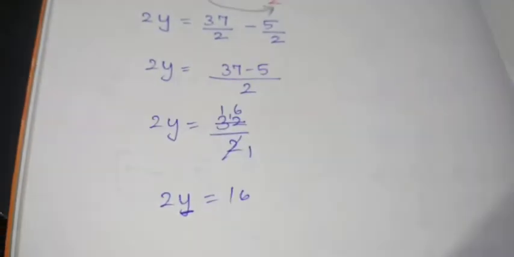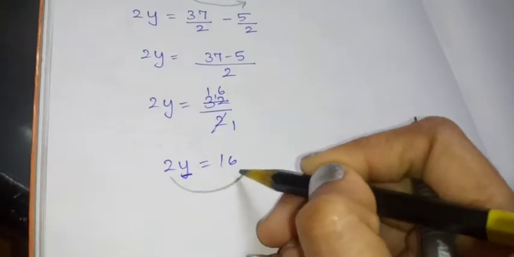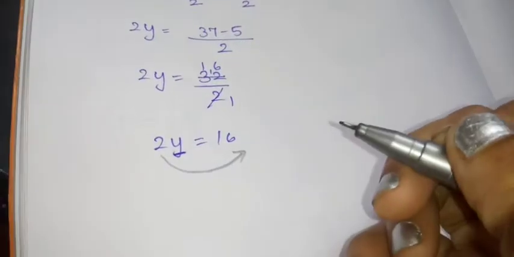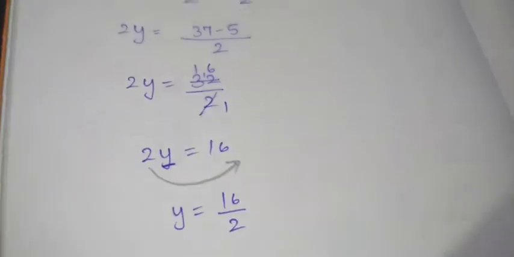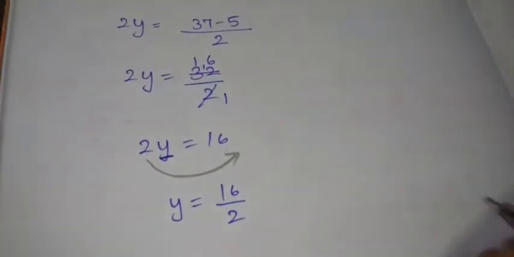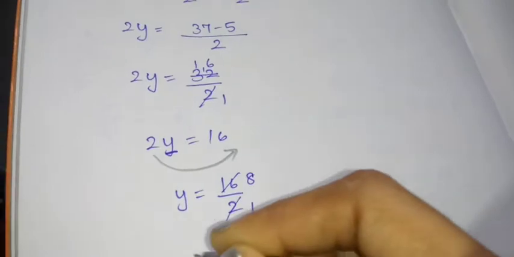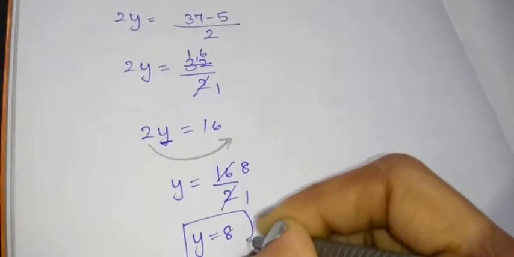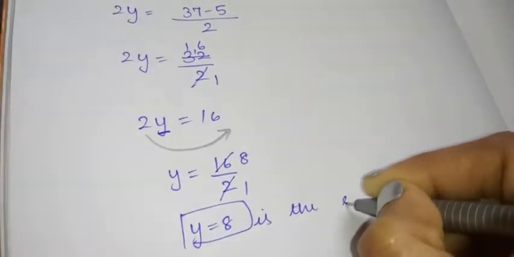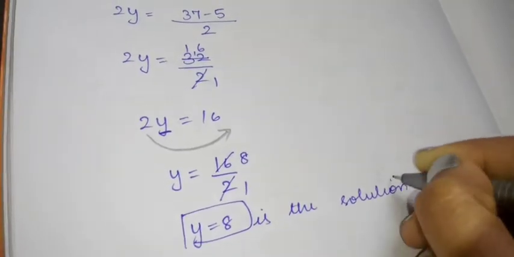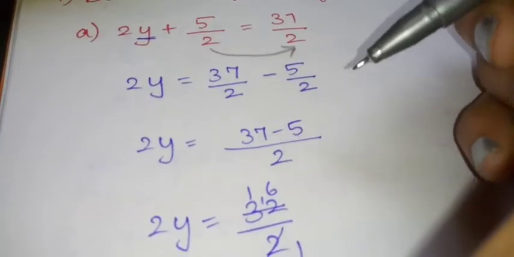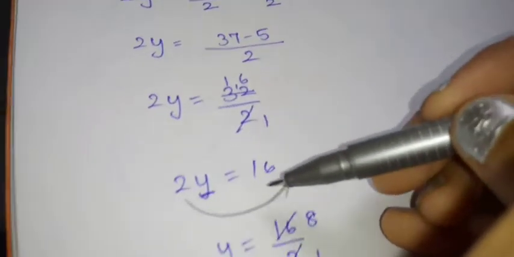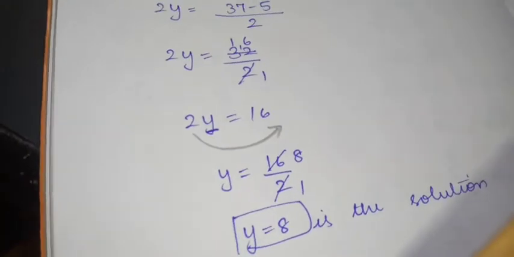I want only y, so I am bringing that 2 to the other side. 2 is actually multiplied with y, so y is equal to 16 divided by 2. 2 ones are 2, 2 eights are 16. So y is equal to 8 is the solution, children. So what have I done? I have shifted one term to the other side, and I have found the value of y.